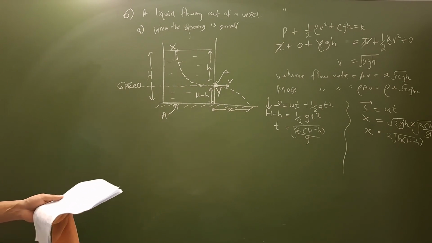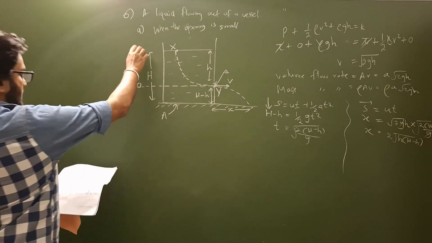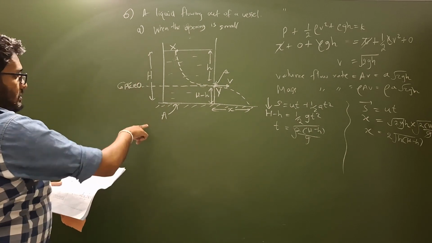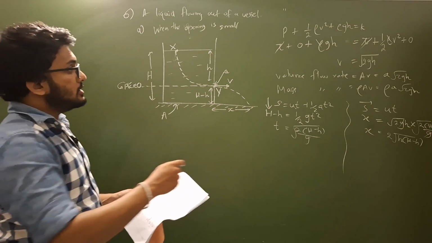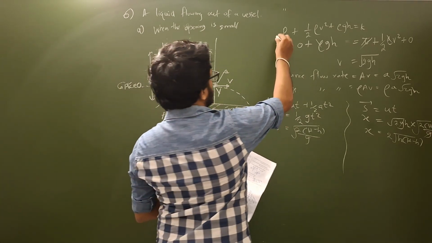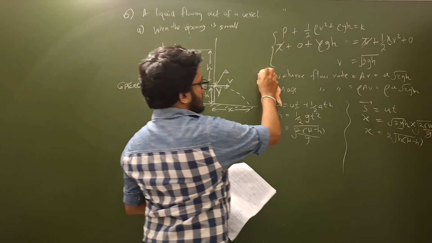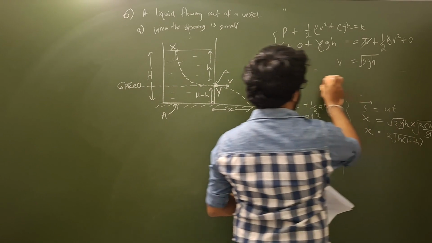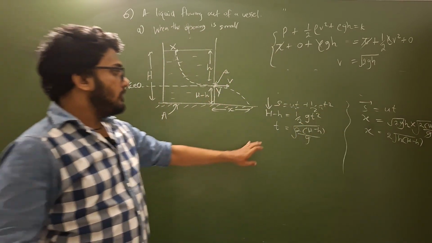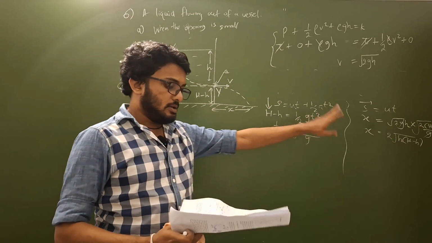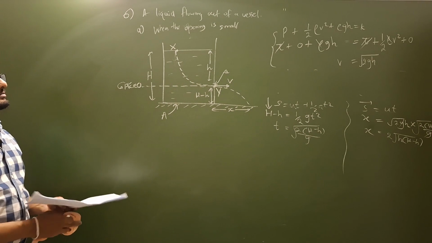First you have to draw the diagram, and after the line, by applying Bernoulli's theorem, you have to write this section. This is already typed in the note, and below that you have to find the time first and then apply s equal ut and get the range.